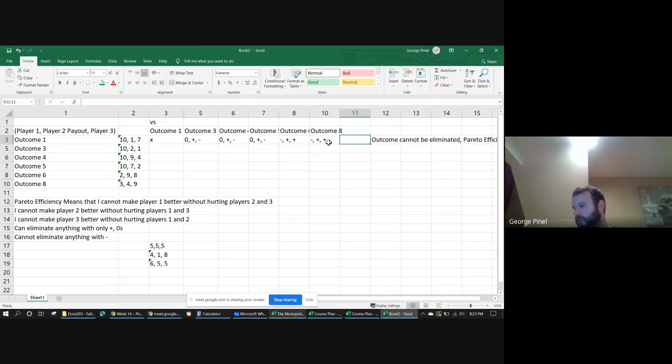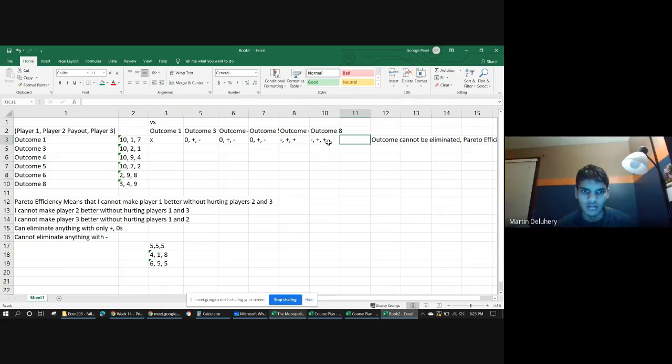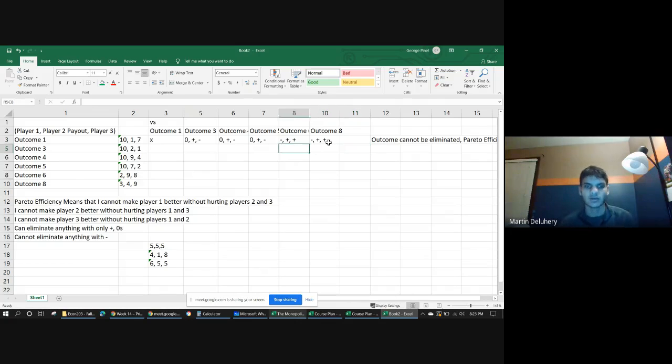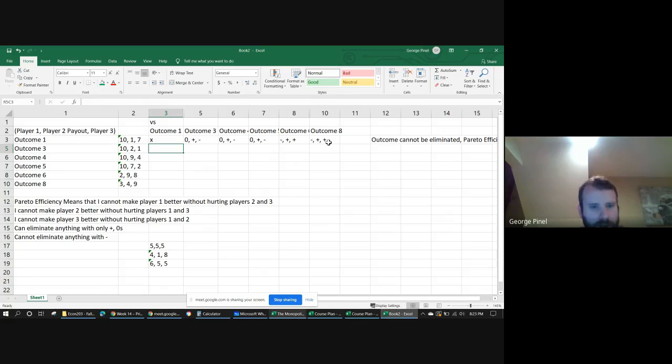So those are not Pareto efficient because, standing from outcome 2 and going to outcome 1, players 1 and 3 gain and player 2 doesn't lose. So we can eliminate outcome 2 because we have found an allocation that is better. Okay, that makes sense.